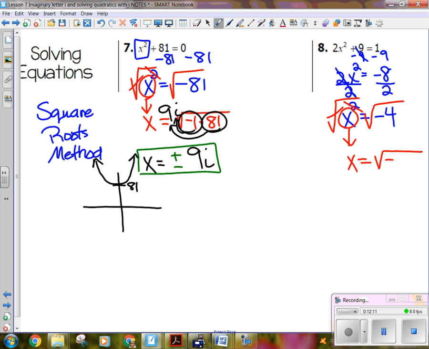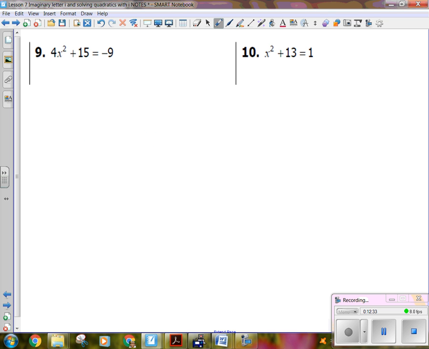The square root of negative 1 times 4. The i pops out, and if I look closely at 4, sure enough, it is a perfect square, so out pops a 2. x equals 2i. Don't forget what? Plus or minus. I don't want you to forget that. All imaginary answers should have two solutions.